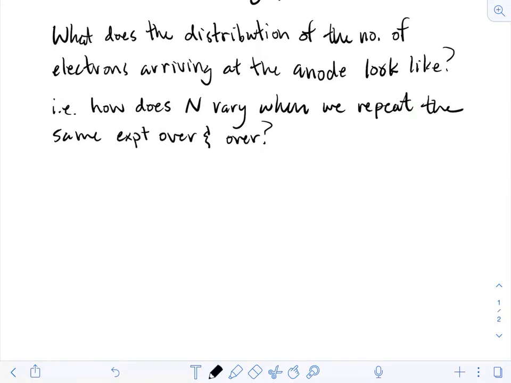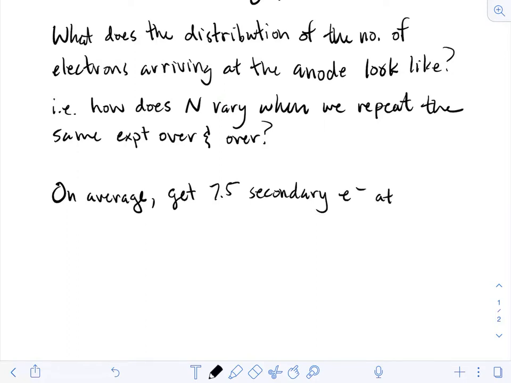So if we think about the problem that we have, on average, we get 7.5 secondary electrons at each dynode.